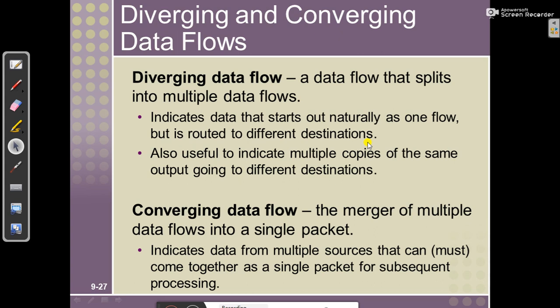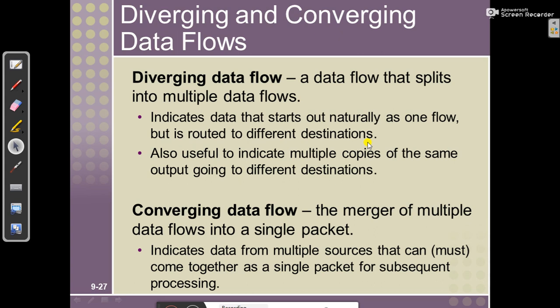So if you are dividing your route to different locations, then for every route you need to provide a specific data flow notation. It means you are going to use multiple copies of the same data flow, as the flow is going to different destinations in different routes. That is about diverging the data flow.